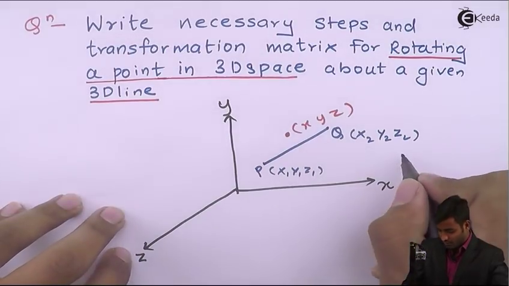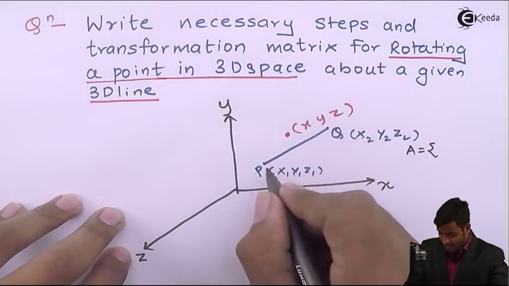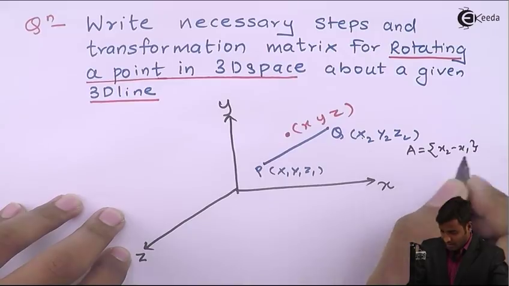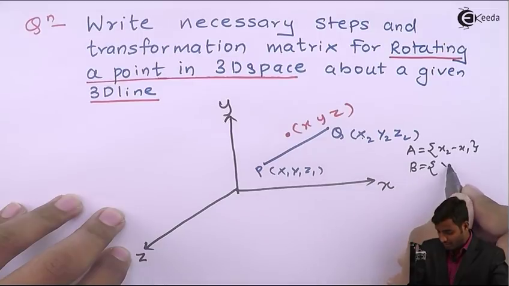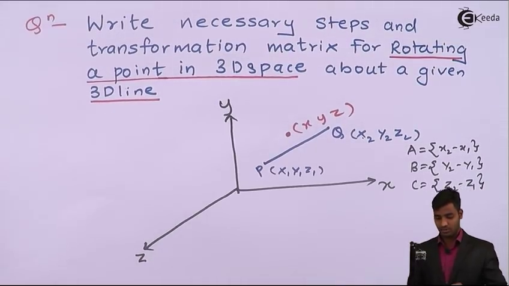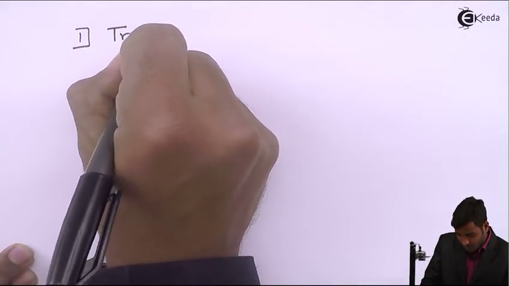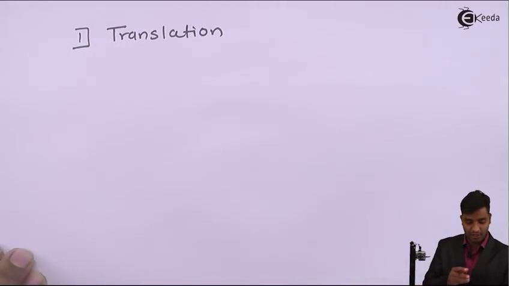Before starting, I will write A for the x coordinates, that is x2 minus x1, and for y, B, that is y2 minus y1, and for C it will be z2 minus z1. So the first transformation is translation. We will translate one of the points, that is P or Q.